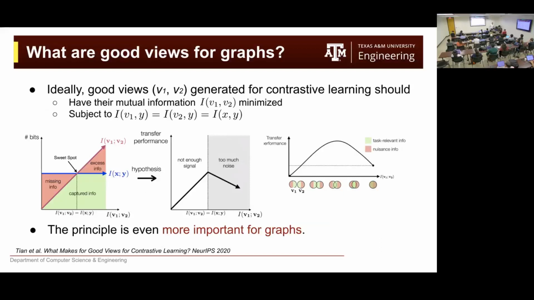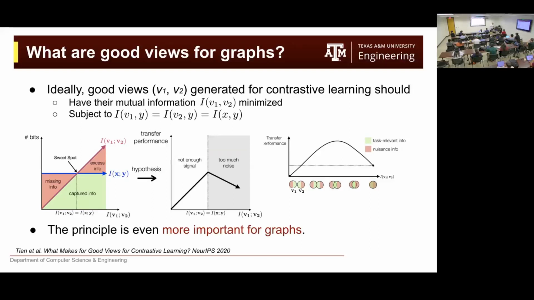So if we remove some edges or some nodes, maybe the semantics of the graph totally change. We don't know what the semantics are. So here we need some further theoretical guidance, to answer what are good view generations for graphs. And there is a study focusing on this.